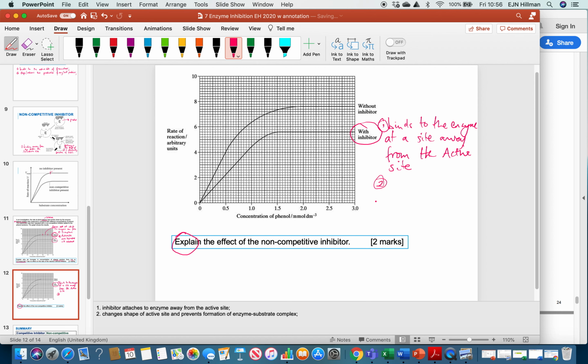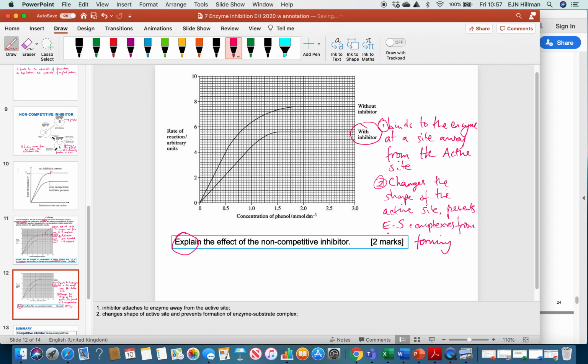For the second mark, we know that the non-competitive inhibitor changes the shape of the active site. So the active site is no longer complementary to the substrate, so that prevents the enzyme substrate complexes from forming.